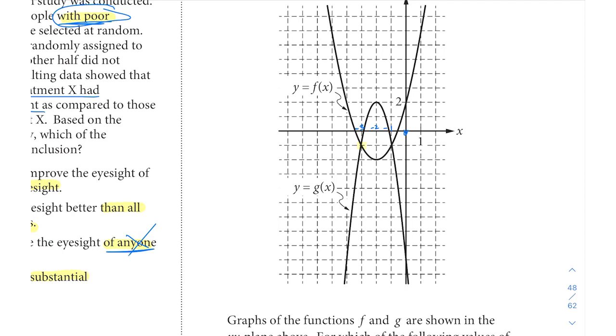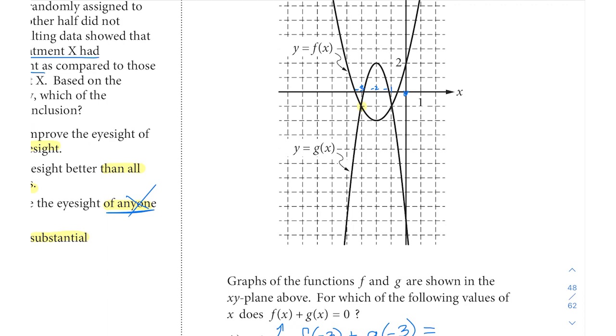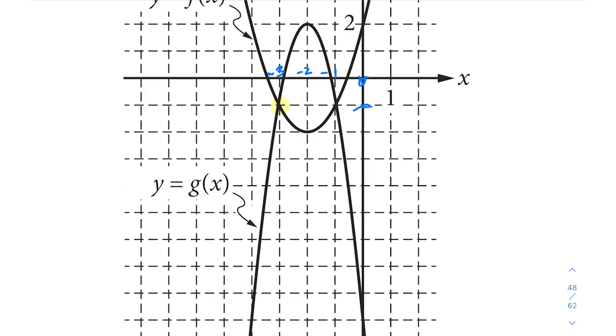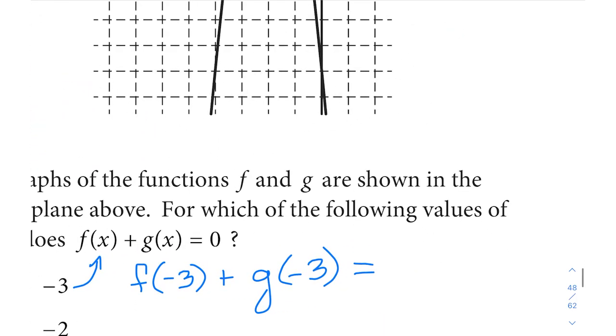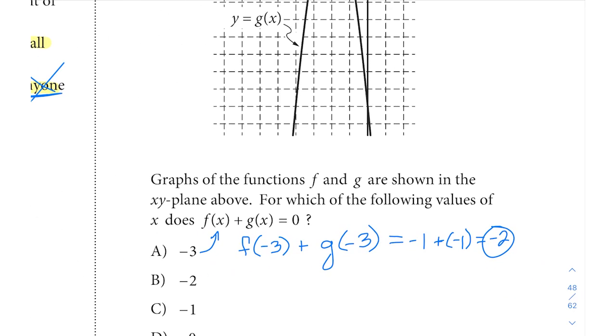The value of f of x when we're at -3 is right there, and g of x is also at the same point. They both intersect right when x is -3. When they say value of the function, they're always talking about the y. So that's going to be right at -1, so they would each equal -1. This would be the equivalent of saying -1 plus -1 equals 0 is what we're hoping for, but that equals -2, which does not work. So we can eliminate answer choice A.